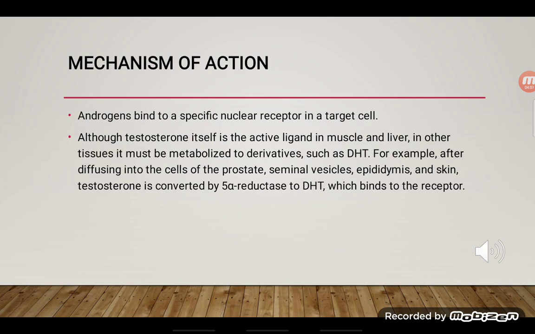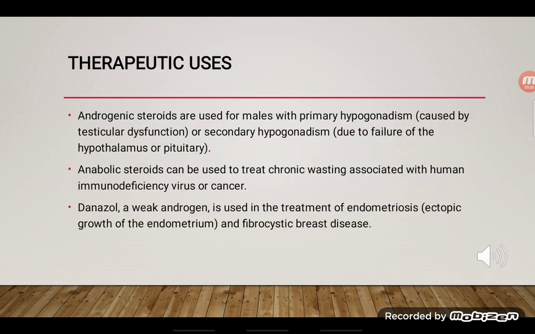These structures include the prostate, seminal vesicles, epididymis, and skin. So for these organs, the testosterone has to be converted by 5-alpha reductase to dihydrotestosterone to be able to bind to its nuclear receptor to produce its effect.